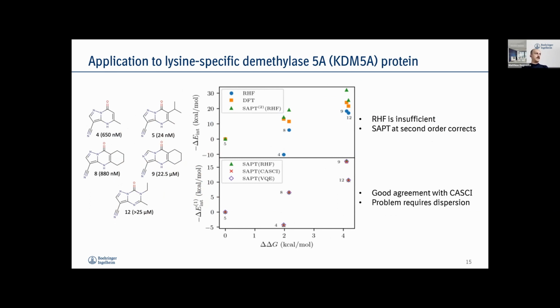They have, I think, experimentally determined the differences in binding free energy, and they find that compound 5 has the lowest binding free energy, then compound 4, then 8, then 9, and then 12.